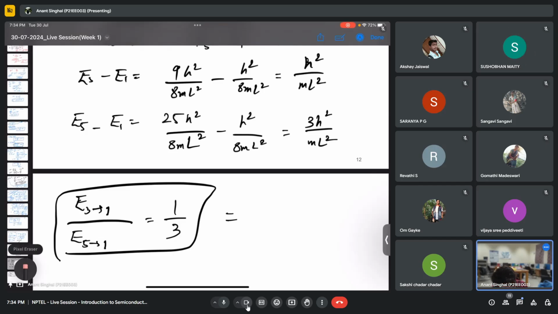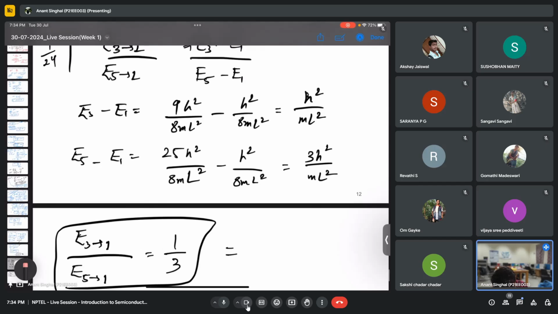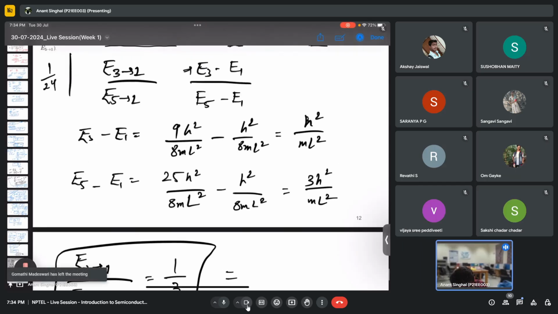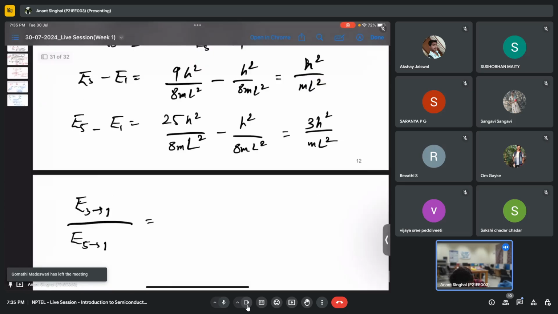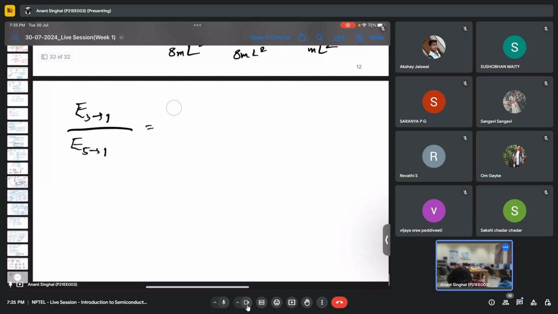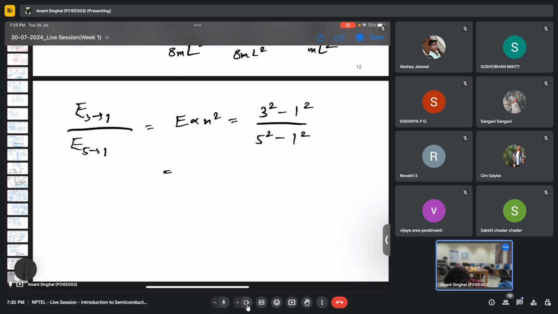Even we can do it directly also, because we know that the energy is directly proportional to n square. So we can write it directly, like for 3 we will have 3 square minus 1 square divided by 5 square minus 1 square. This will give me 8 by 24. That will be 1 by 3. So the answer will be 1 by 3 only.